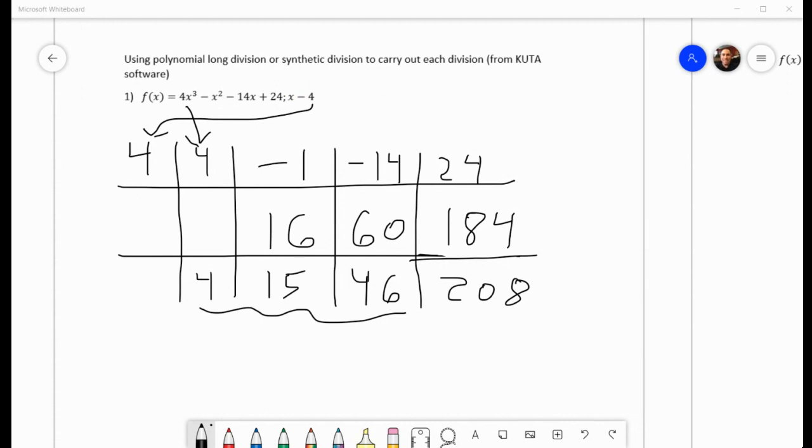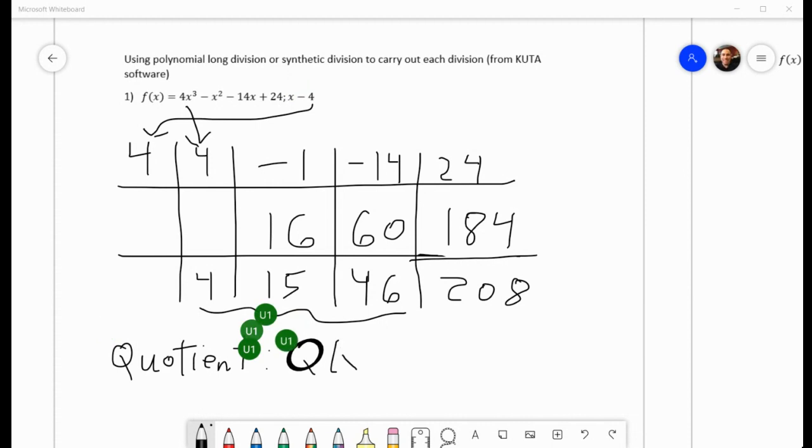Okay. Awesome. All right, so these numbers down here, these are the 4, 15, and 46. Those are the coefficients of the quotient, which is 1 degree less than f, the dividend. So the quotient will be degree 2.